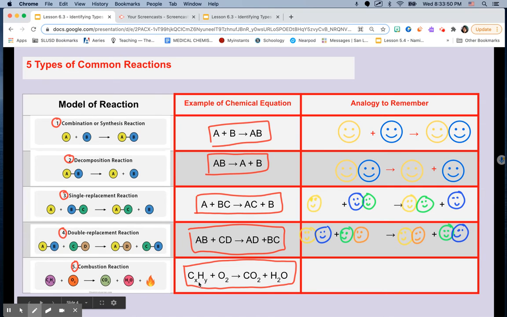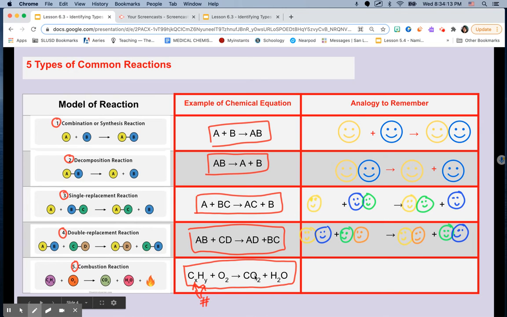So this is a pure combustion. So the X and Y represents the numbers of carbon and hydrogen you have. So X and Y are numbers, not elements. And in order to combust or burn something, you need to mix it with oxygen or air.